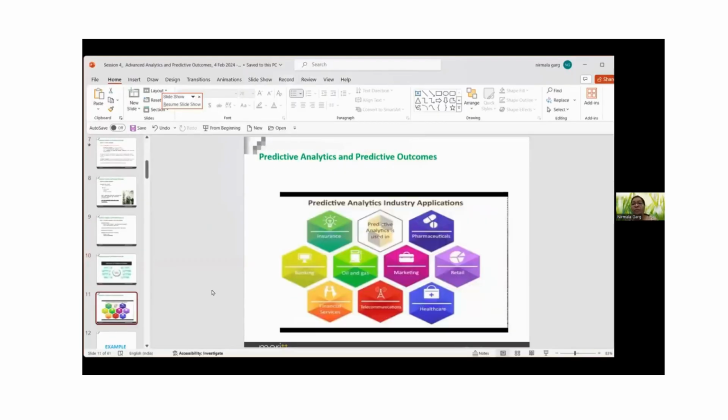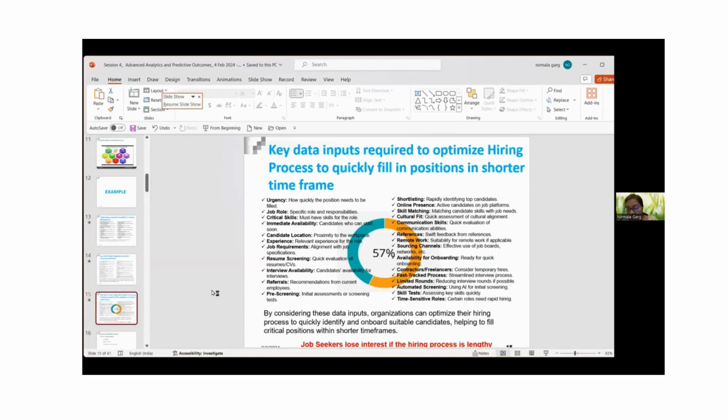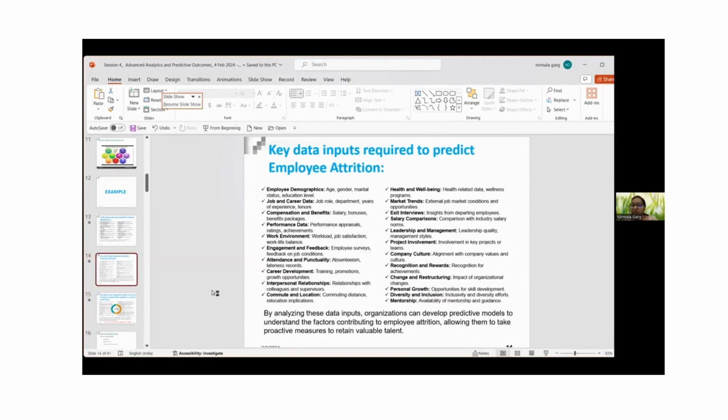Going quickly to, say, attrition: can you give me certain data points you can look into to predict employee attrition? Maybe Nimila, the trend of the employee absenteeism. I mean, the data which we have month on month, and how it is going during different events.